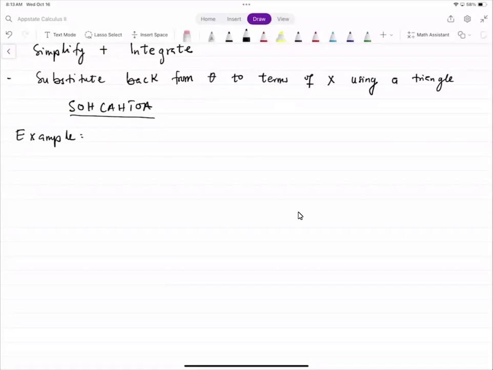Let's evaluate the integral. Let's try to evaluate this integral here.